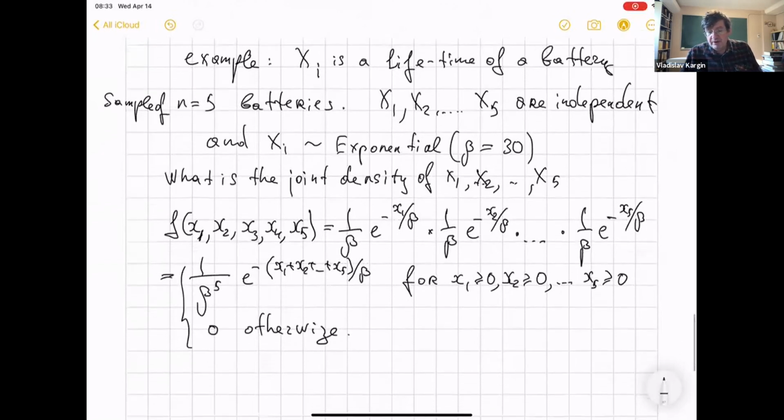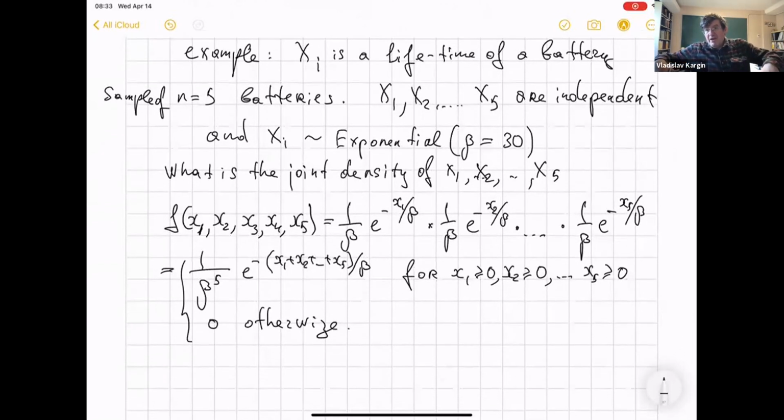This is a typical example of how it's usually used. You are given a density of one random variable, you need to find out what's the joint density of all of them, because after that you do some calculation on this joint density. And here you just need to write down this product.